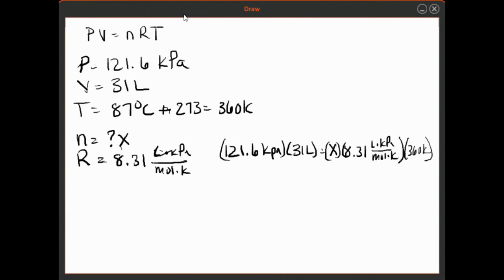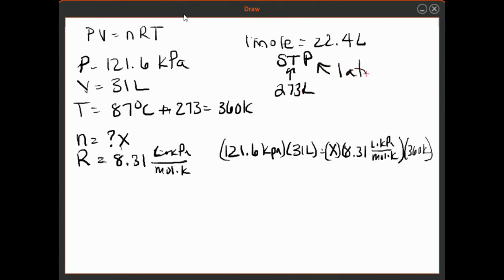And we said that 1 mole of any gas is equal to 22.4 liters. But remember, that was at a specific temperature and pressure. That was at STP. Temperature is 273 Kelvin, and the pressure needs to be 1 atmosphere. But since we have kPa here, it's 101.3 kPa.